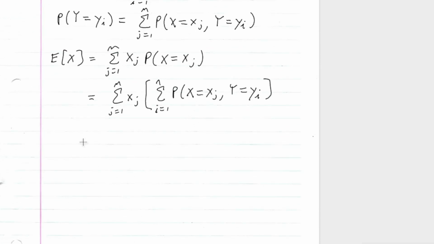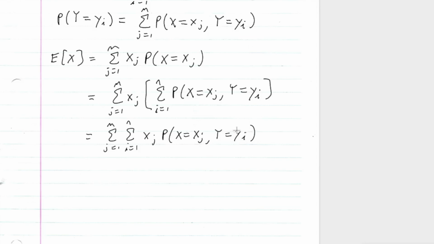So ultimately, the expected value of X is the sum from j equals 1 to m of the sum from i equals 1 to n of x sub j times the probability that X is equal to x sub j and Y is equal to y sub i.